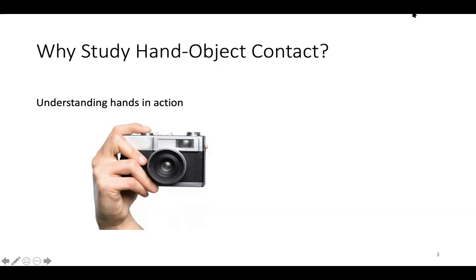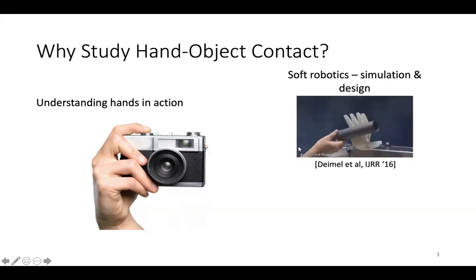And it can also, I think, help in other things. For example, when we want to design robotic hands, it might be useful to consider the kinds of contact patterns that the human hand is able to exert on daily objects.